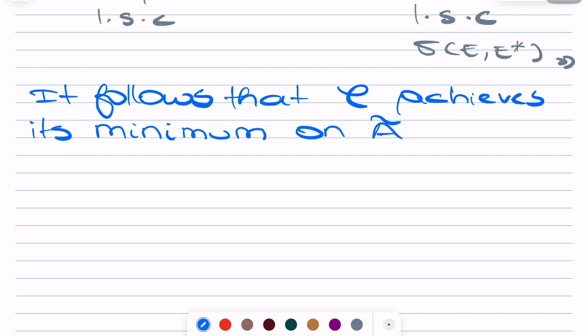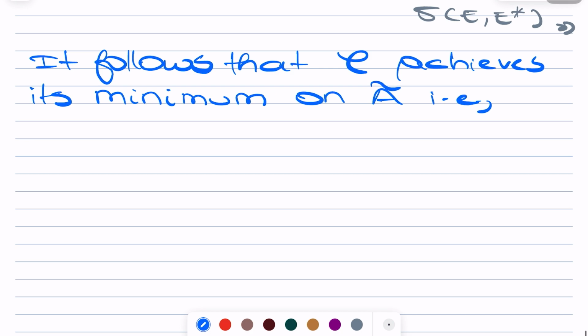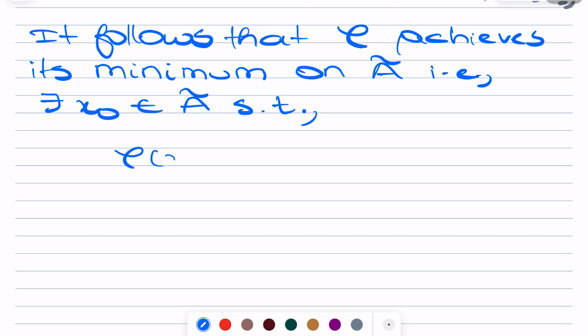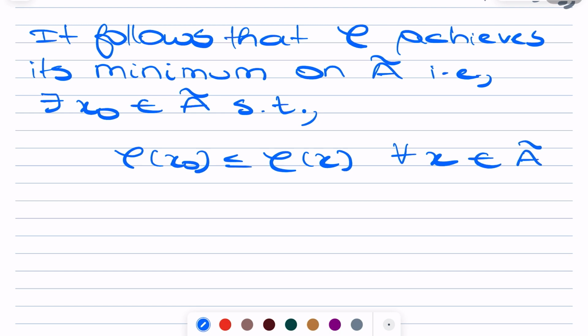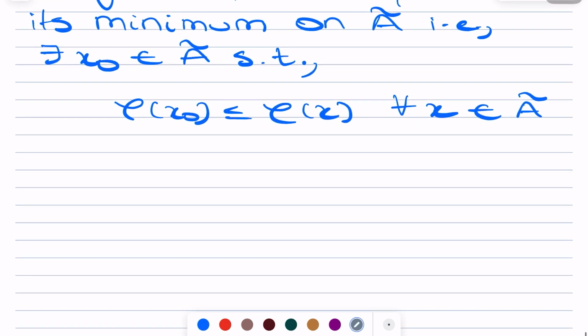This means there exists an x0 in A tilde such that phi of x0 is less or equal than phi of x for every x in A tilde. But we want to actually show that the minimum is attained on the whole A, not only on A tilde.